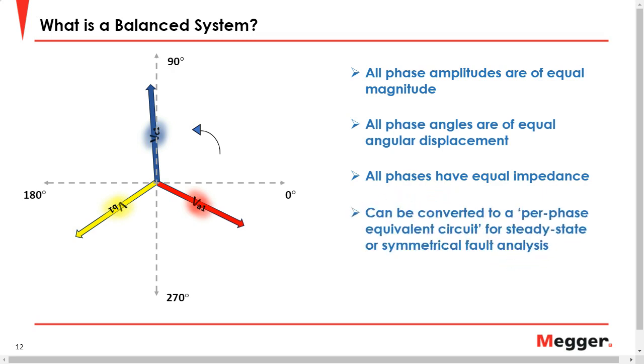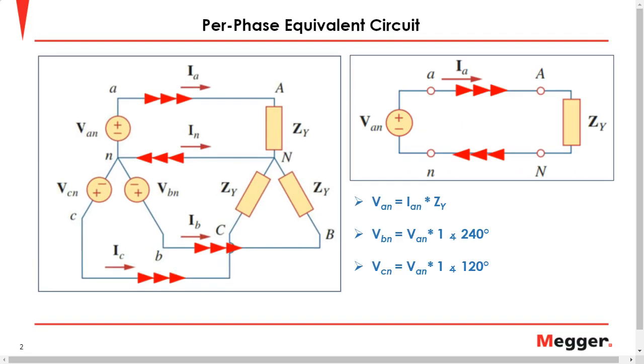Now, when you have satisfied all these conditions, you can convert this to a per phase equivalent circuit for symmetrical fault analysis. And we can see that here. We see that we have our VAN, our line to neutral voltage, and we've modeled our phase current, our phase impedance, and we have our equations.